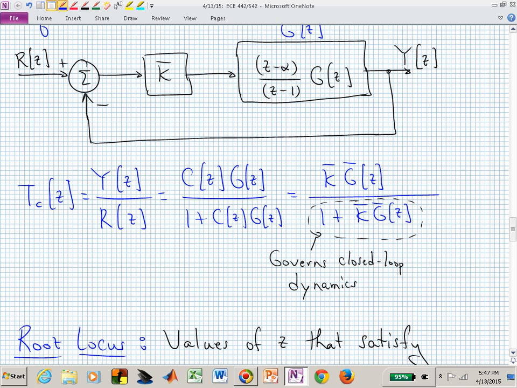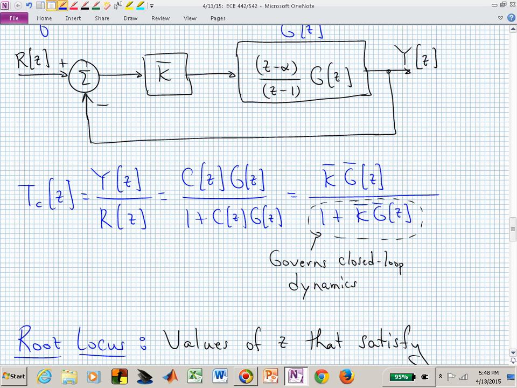Where you fix them on the root locus depends on your choice of K bar. You sketch the root locus and then you say, I want my poles to be here on that root locus. Then you've determined what your K bar is, what your gain is to get you to that point. But the dynamics of the closed loop system are governed by the denominator of this closed loop transfer function. And those are determined by the root locus.